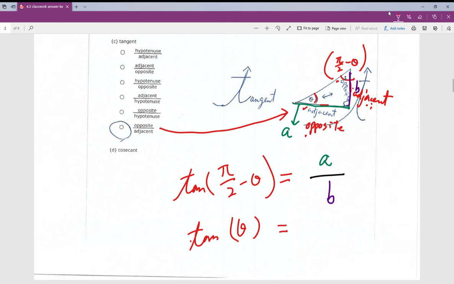If this is the reference angle, then the opposite will be the purple B, and the adjacent will be the green A. Now obviously, do you see these two are reciprocals? Since they are reciprocals, we have another name for the cofunction. So we say cotangent.